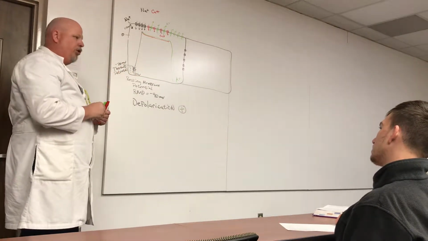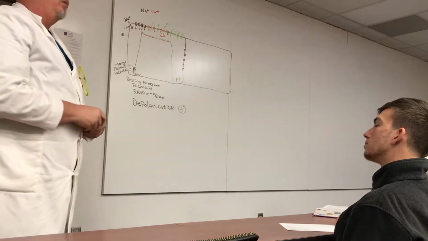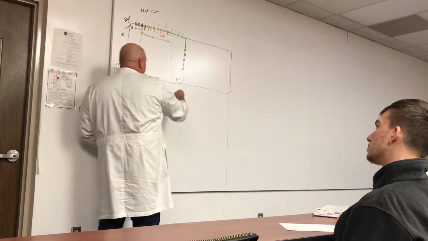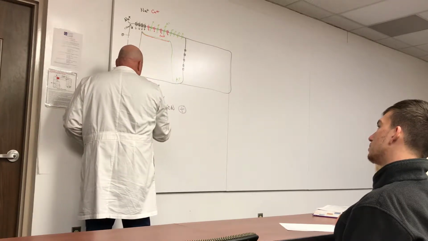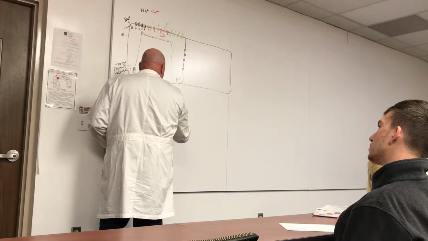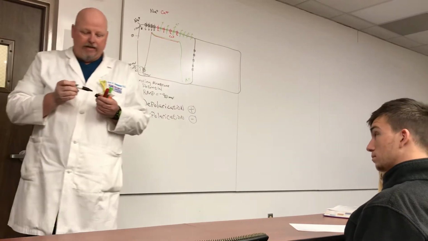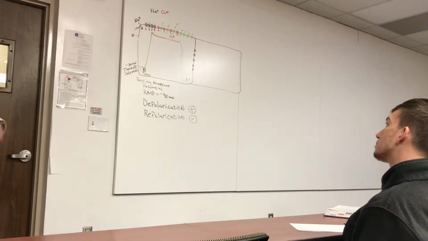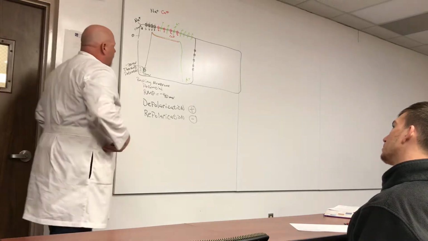So if we are reducing the amount of polarity in the cell by changing the voltage, we are depolarizing it. Now what happens when I'm bringing it back? We are repolarizing. So you can see that we go through a depolarization and a repolarization every time we go through a cardiac cycle.